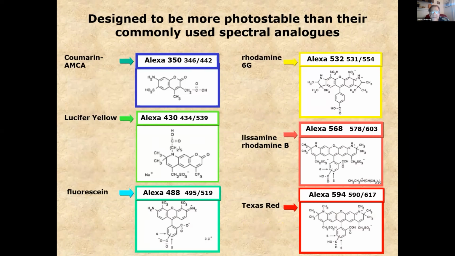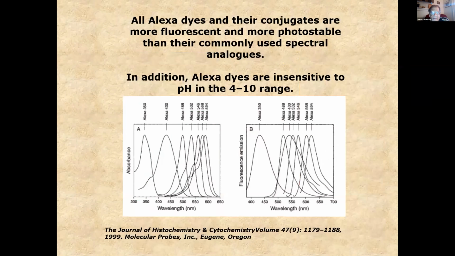So he made a series of probes based on different dyes, like coumarin probes and fluorescein probes, or Alexa 488 is based on fluorescein. And all of these are very photostable and have very good fluorescent yields. They're called Alexa, by the way, because Haugland's son was Alex, and he named them Alexa after his son.